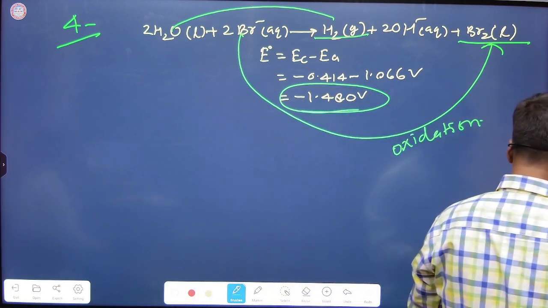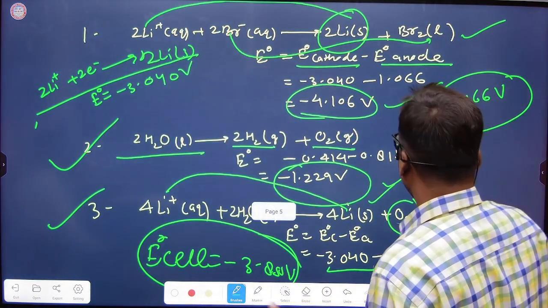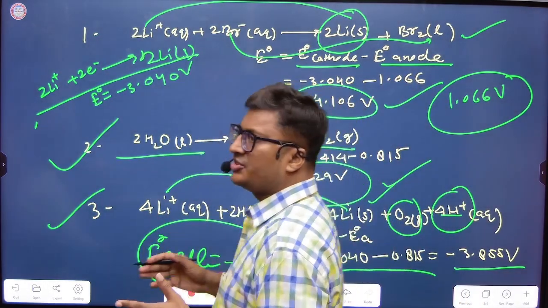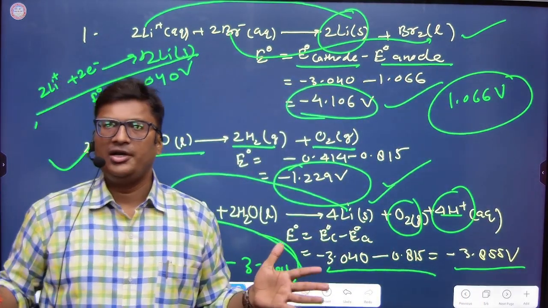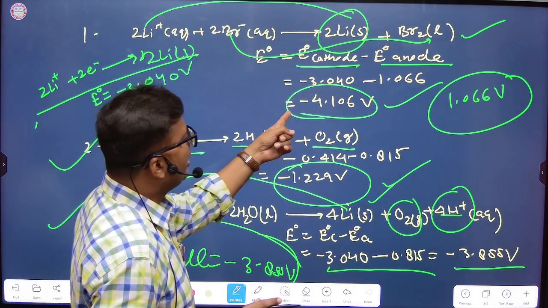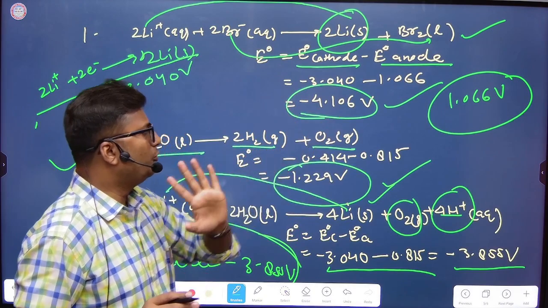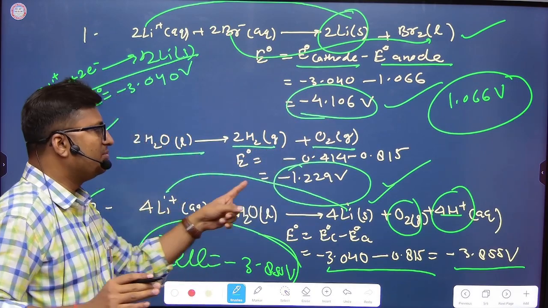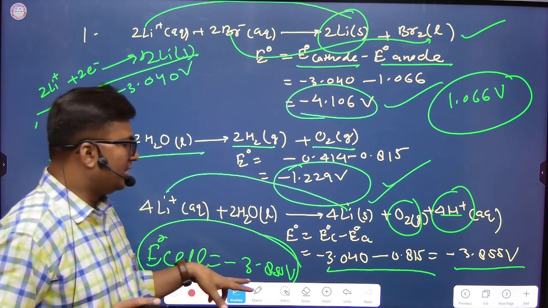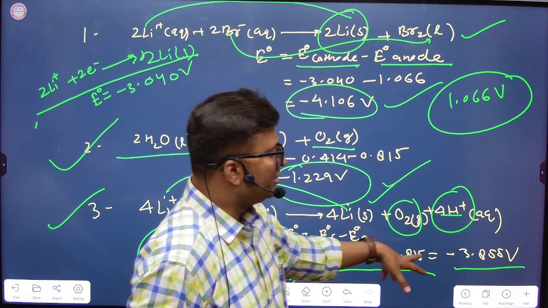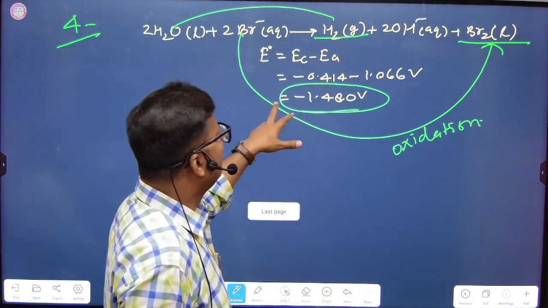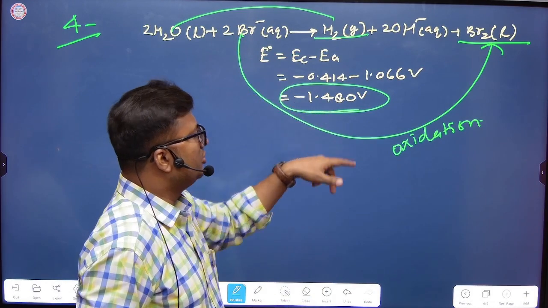So from these four reactions, what can be concluded here? The lowest potential is required to create electrolysis in a particular kind of electrolytic cell. So the first value is minus 4.106 volt, the second value is minus 1.229 volt, the third value is minus 3.85 volt, and the fourth value is minus 1.480 volt.